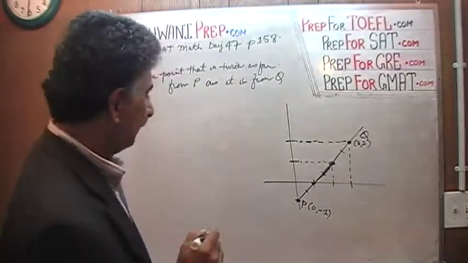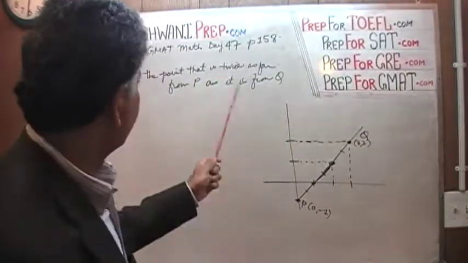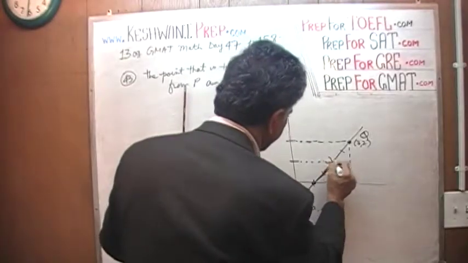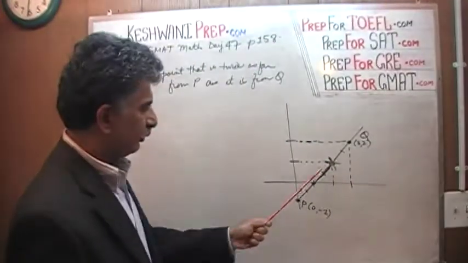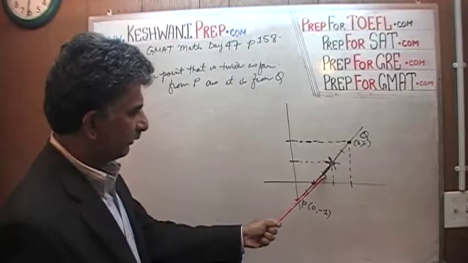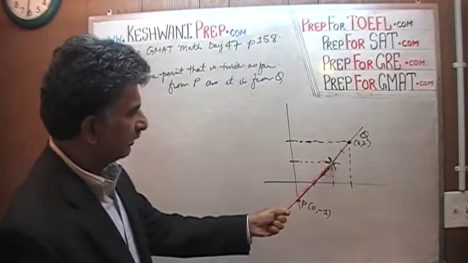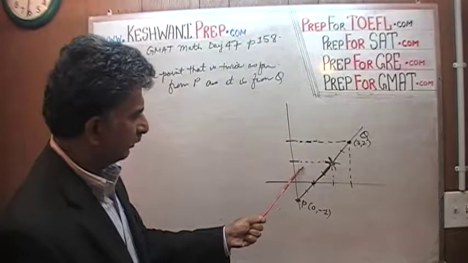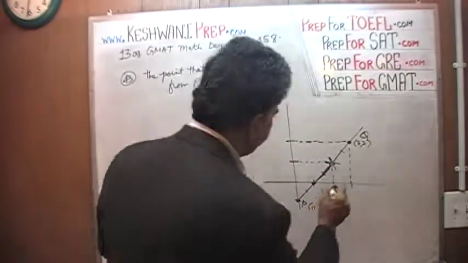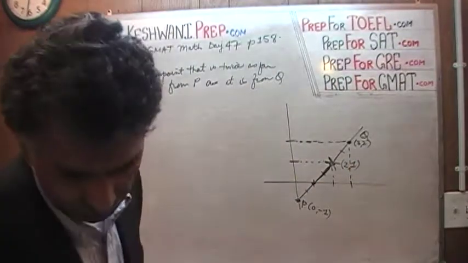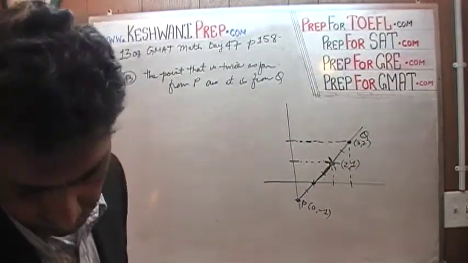So the point that is twice as far from P is this point right here. This point is twice as far from P because it's 2 units away from P, and 1 unit away from Q. That's the point, and its coordinates are (2, 1). The answer is (2, 1).